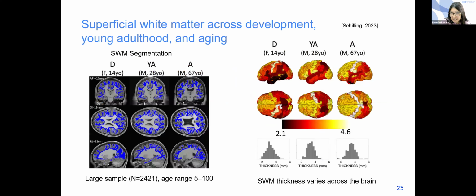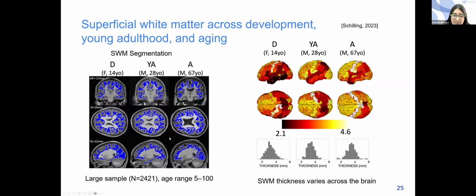And just one last example. This work is from Chile, and it's very interesting because it shows the advantages of the diffusion-based analysis, in this case for superficial white matter, because using these automatic and specific methods, this work could analyze a very large database along a big lifespan.